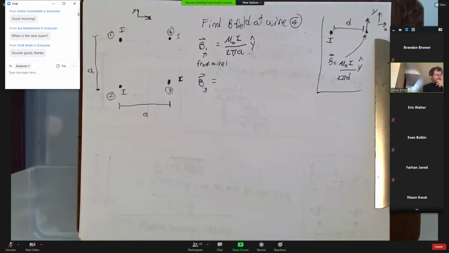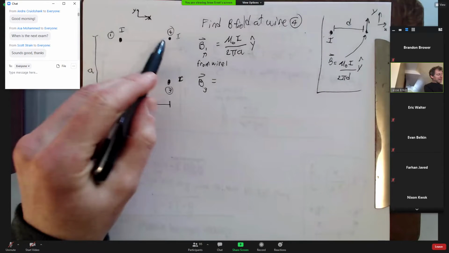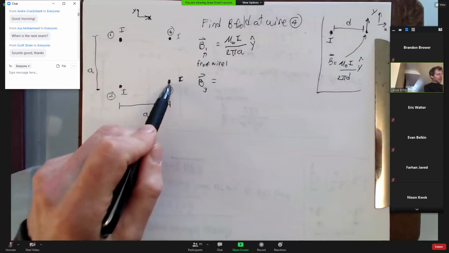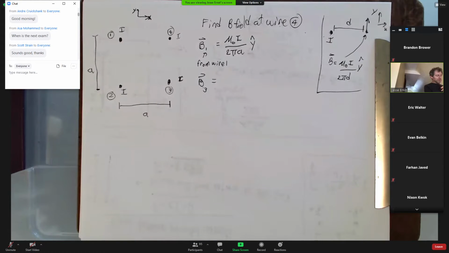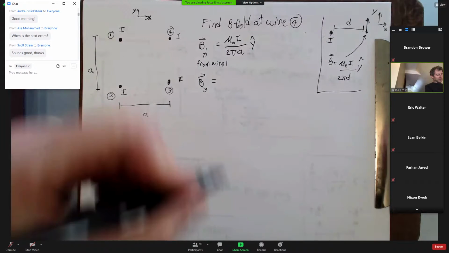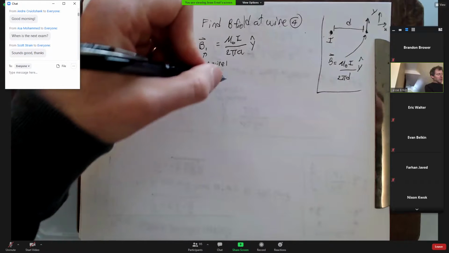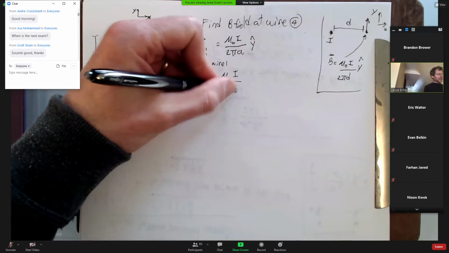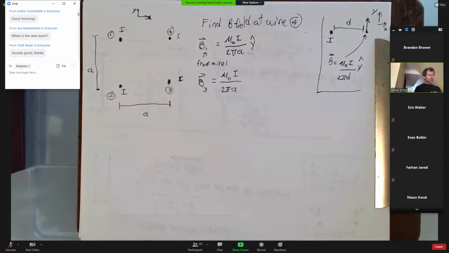Don't call it out yet. Let everyone think about it. Forget about the other wires. You just want the B field here from that wire. You know it's going to be mu naught I over 2 pi a. And then the trick is to get the direction correct.